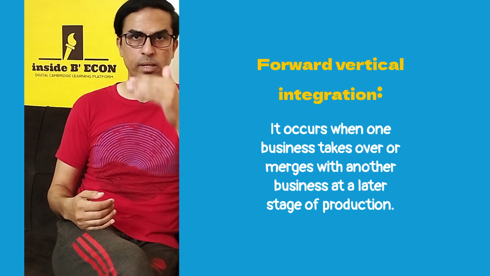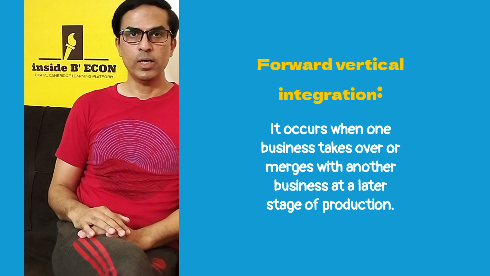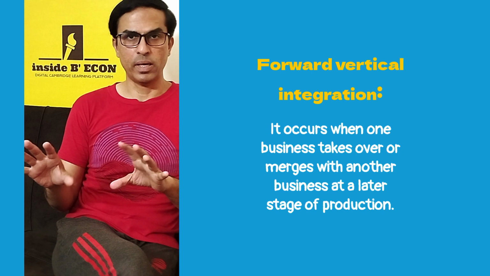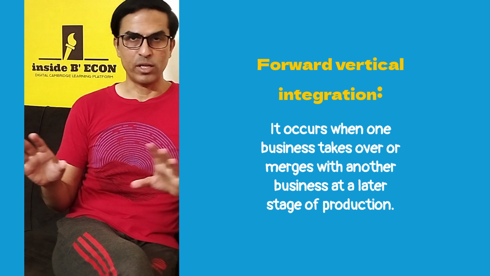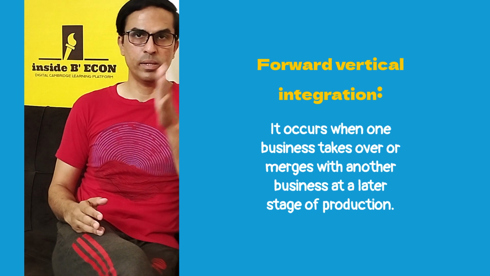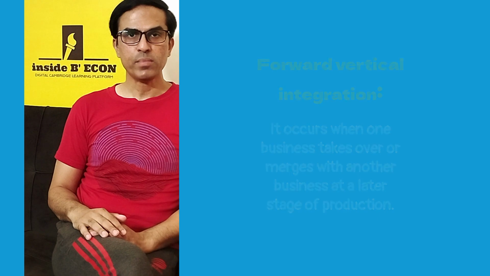Of course, the secondary sector comes first and then comes the tertiary sector. Their product is the same, so their nature of industry is the same, but their stage of production is different. One is in the secondary sector and the other is in the tertiary sector.